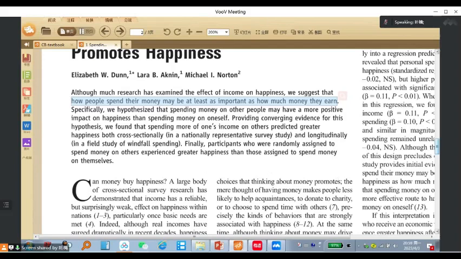Specifically, we hypothesized that spending money on other people may have a more positive impact on happiness than spending money on oneself. Providing converging evidence for this hypothesis, we found that spending more of one's income on others predicted greater happiness, both cross-sectionally and longitudinally. Finally, participants who were randomly assigned to spend money on others experienced greater happiness than those assigned to spend money on themselves.